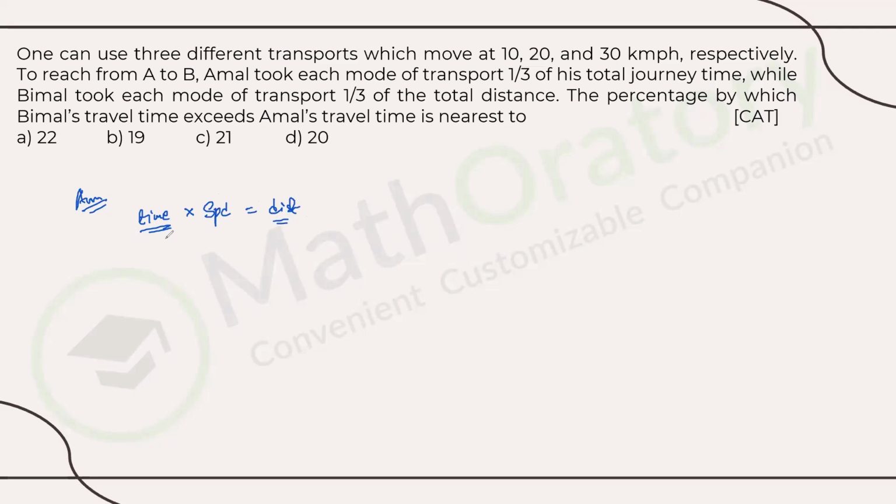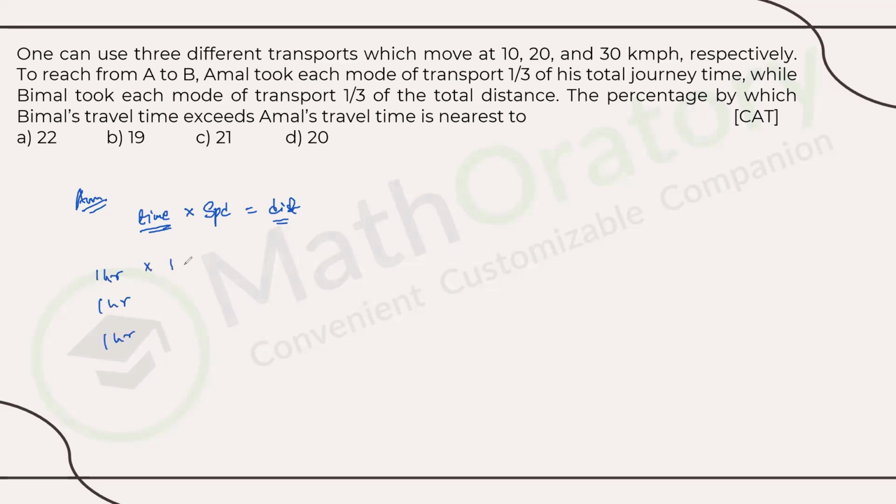In this case, if you observe, we are multiplying time with speed to get the distance. So it really doesn't matter what we assume the time to be for each of the segments. I'm just going to assume that the time for each segment is 1 hour, 1 hour, and 1 hour, as simple as that.